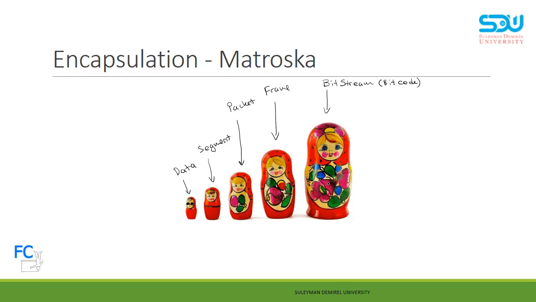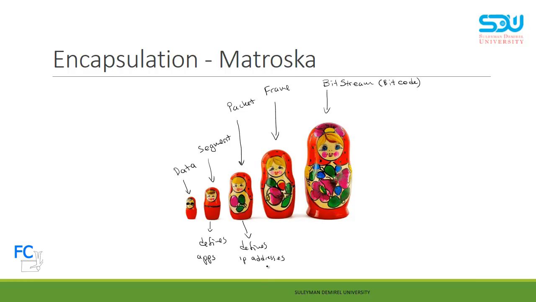Because before sending this data, we have to define from which application to which application it goes. So it defines applications. I mean, from which application on the computer and to which application. Source and destination are defined here. The next matryoshka defines from and to IP addresses.